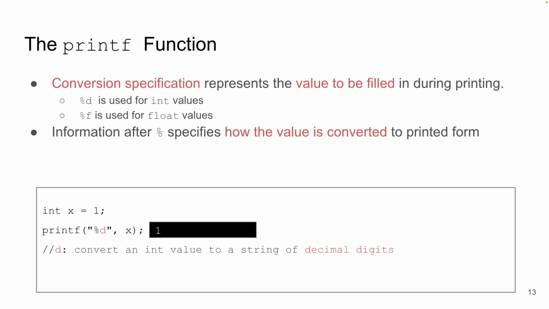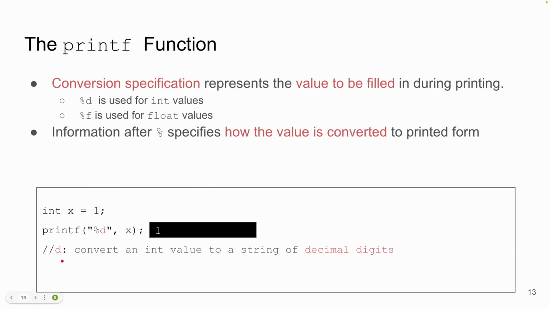Similarly, %f tells the computer that when I print this value, I should print it as a floating point value. So the information after %, that is the d or f, tells the computer how the value is converted to printed form.